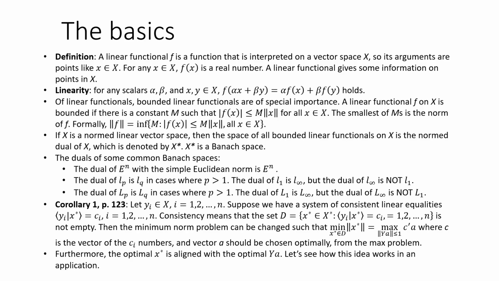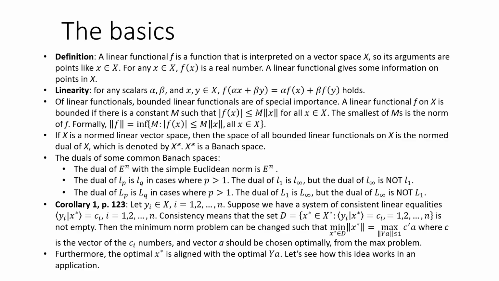And the exercise, most importantly, is built on corollary 1 of page 123. This is the theory we are going to use right away. You can see that we have a series of linear equalities.